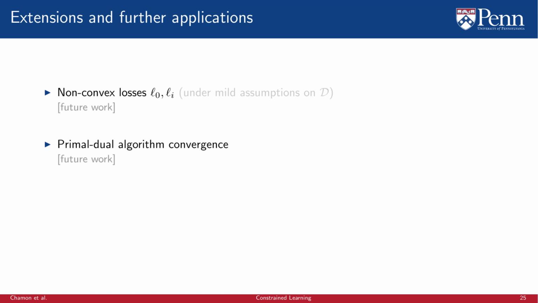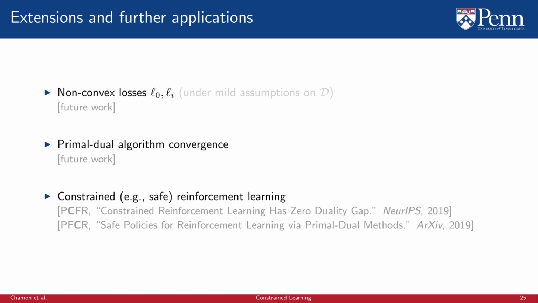Now we know that in general these algorithms need not converge for non-convex programs, but some guarantees can be given in specific cases. These are both topics of works to come. I also wanted to point out that constrained learning theory also applies to other settings, like to impose safety requirements on policies obtained using reinforcement learning.